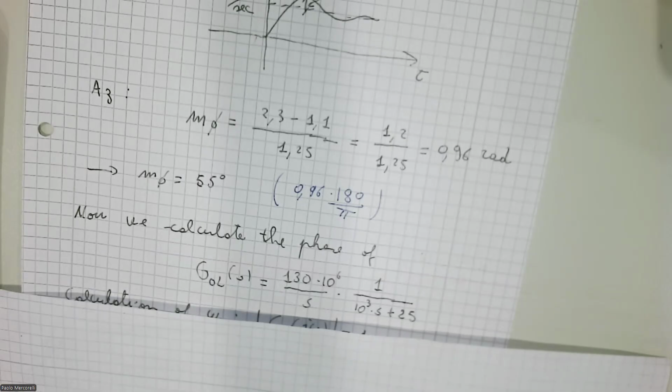Now again, this is GOL. Now we calculate the phase of GOL. Open loop gain, loop gain function, which is the product between GR, the controller, and GV, we call GV, no?